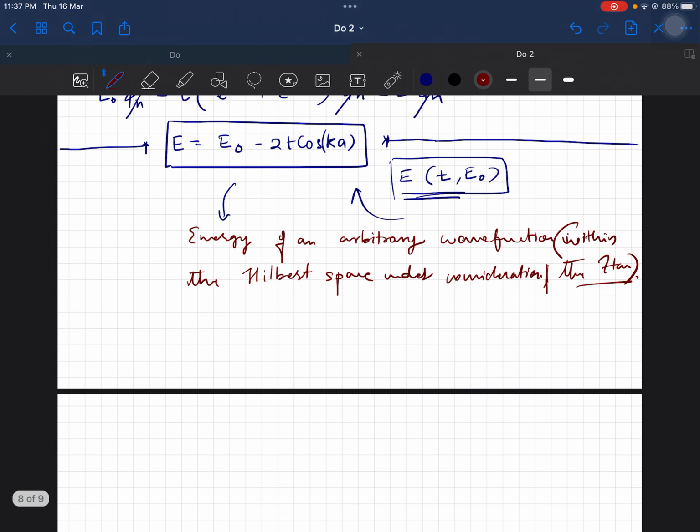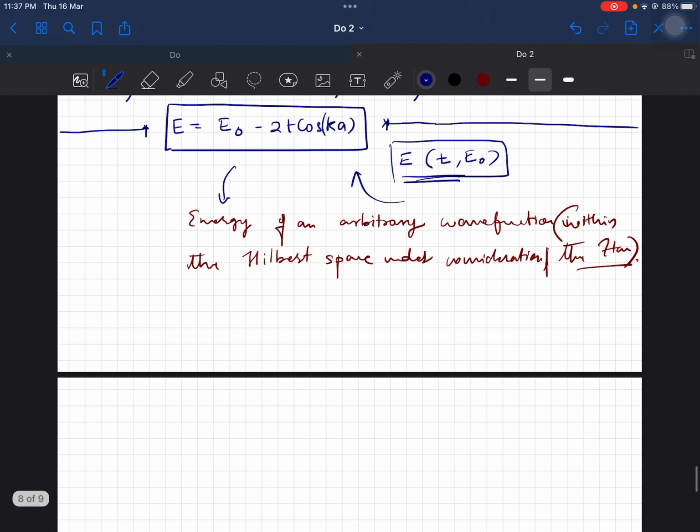So that's the energy of an arbitrary wave function within the Hilbert space.